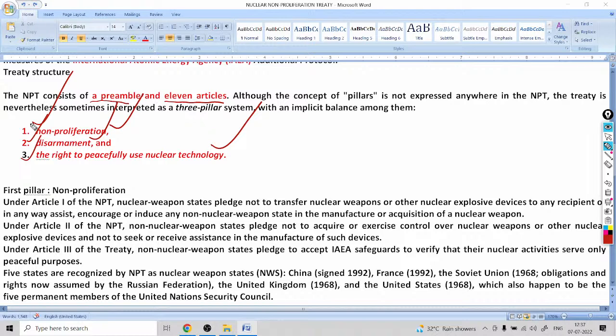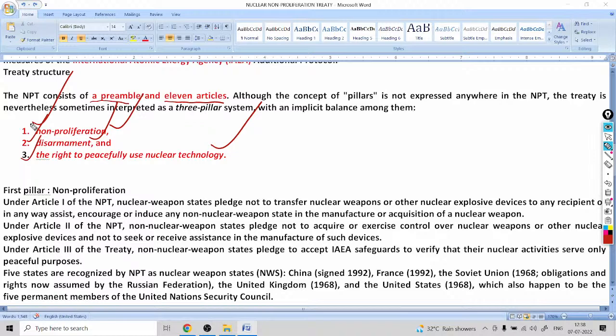Coming to the first pillar, under Article 1 of the NPT, nuclear weapon states pledge not to transfer nuclear weapons or other nuclear explosive devices to any recipient, or in any way assist, encourage, or induce any non-nuclear weapon states in the manufacture or acquisition of nuclear weapons.